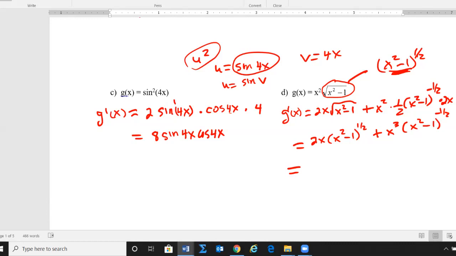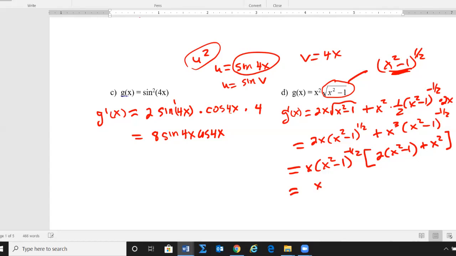And also get one of these x's out of here. So I'll take out as a common factor x squared minus 1 to the negative half. And that leaves behind a 2. And I'm going to need x squared minus 1. Okay, and over here, I still have an x squared. Now I can straighten things out a little bit.